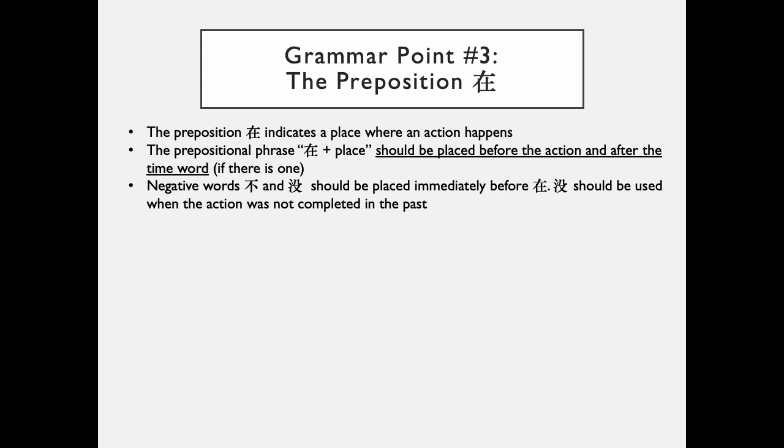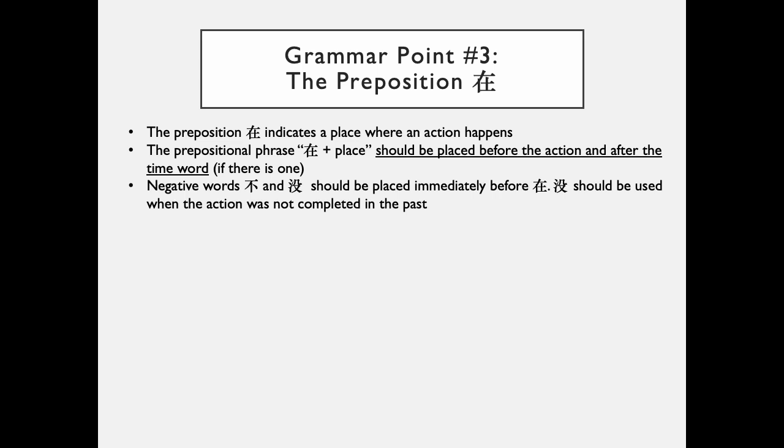So the preposition 在 indicates a place where an action happens. And very important to pay attention to the second bullet point here. So 在 plus the place should be placed before the action, that is before the verb, and after the time word, if there is a time word.